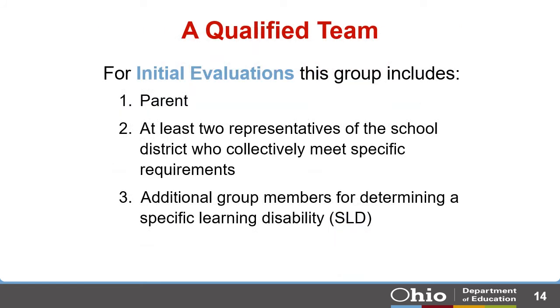Based on the variety of sources of information used to conduct the evaluation, a group of qualified professionals and the parent of the child shall determine if the child has a disability and is eligible for special education and related services as a preschool child.